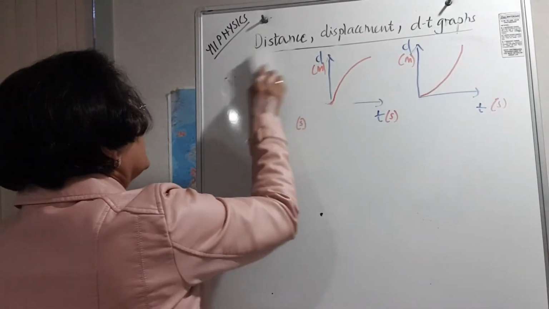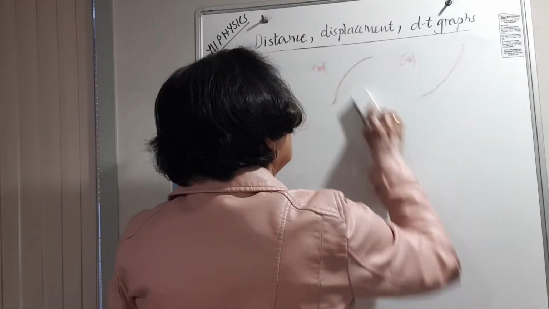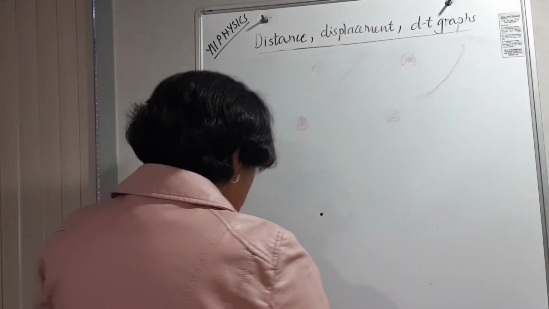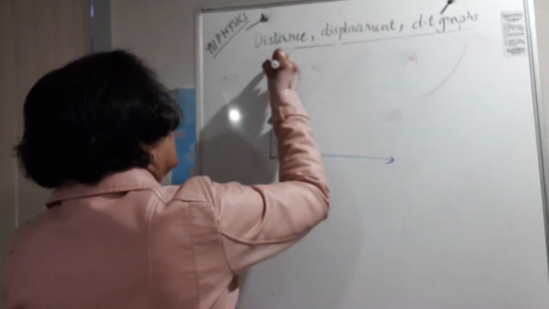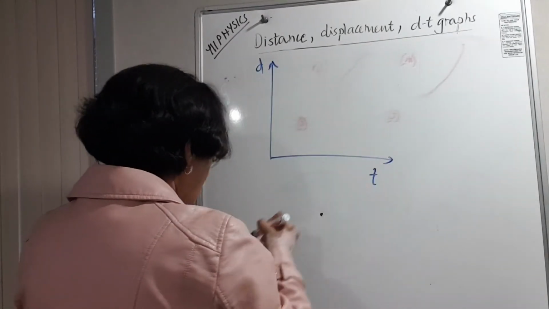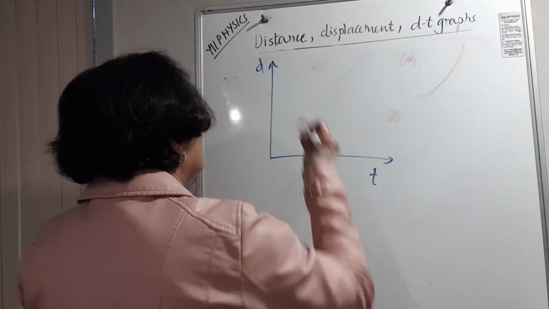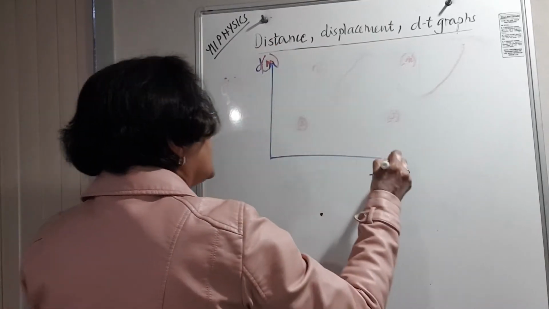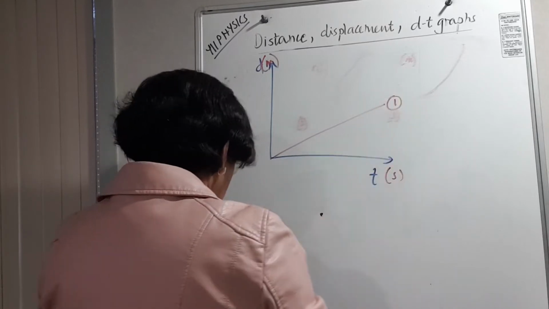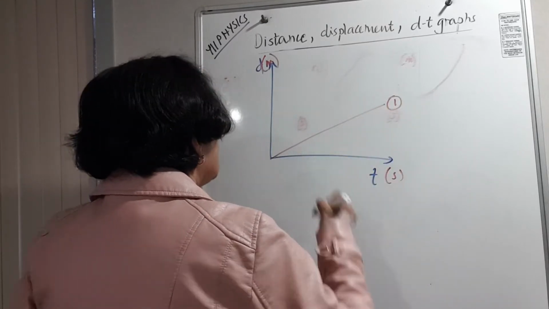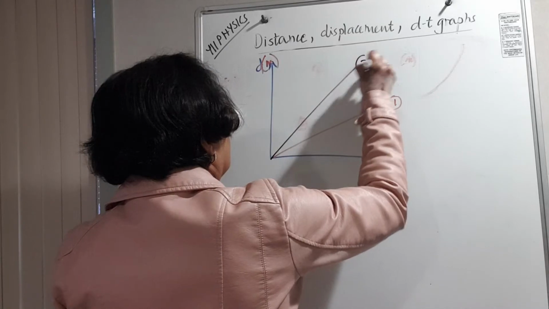Now, if you have two lots of constant speeds, so let's say on this axis, this is a distance time graph. So distance in meters, time in seconds. You've got graph line 1 and you've got graph line 2.